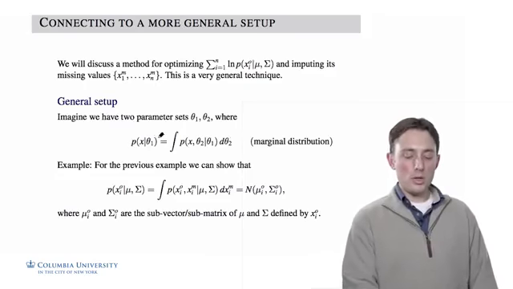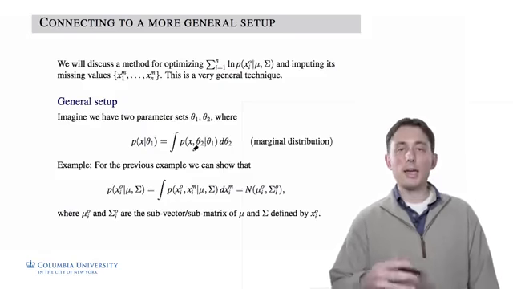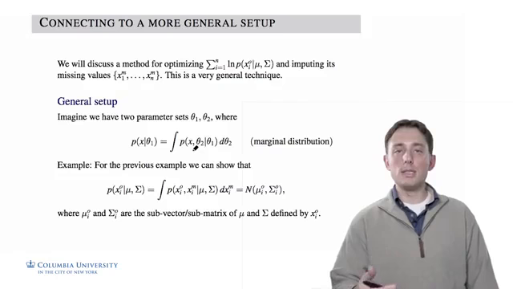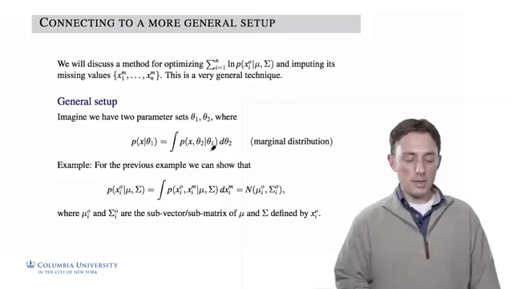So the distribution on x given theta 1 is equal to the integral of this joint distribution. So this theta 2 is like a hidden variable, a missing latent auxiliary variable that we don't get to observe in the data.